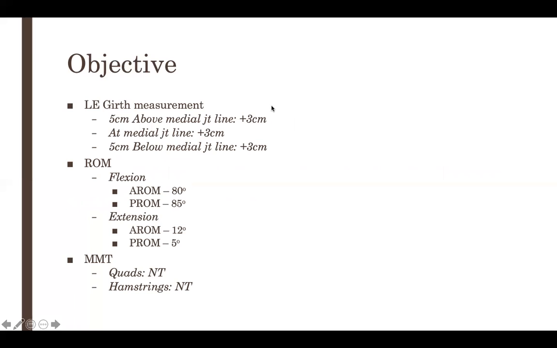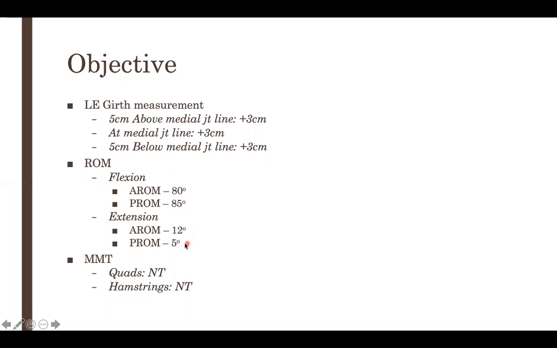For her lower extremity girth measurement, she was plus 3 centimeters at all 3 sites, indicating a bit of swelling. She also started out with 80 degrees actively and 85 degrees passively for her knee flexion range of motion.